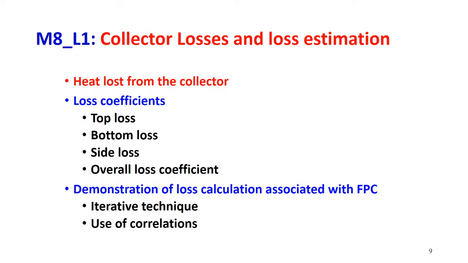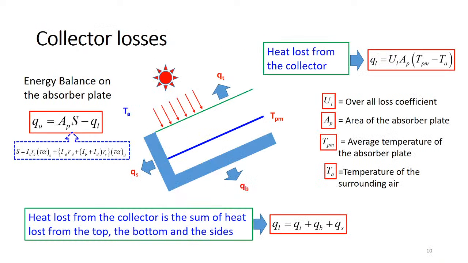We have also demonstrated the loss calculation associated with flat plate collectors, and it may be iterative techniques or correlations. We can use correlations for estimation of this loss coefficient. For loss coefficients, we need to consider QT, QB, and QS.